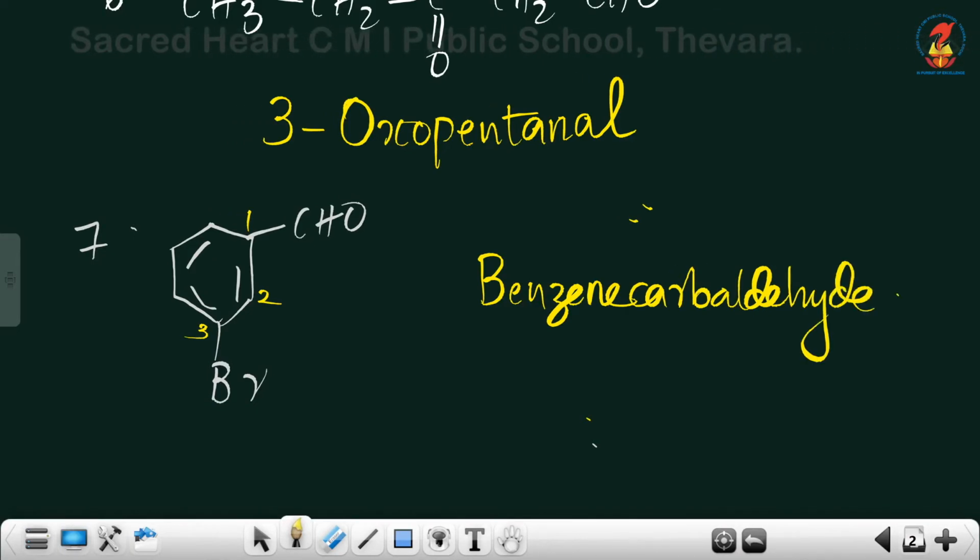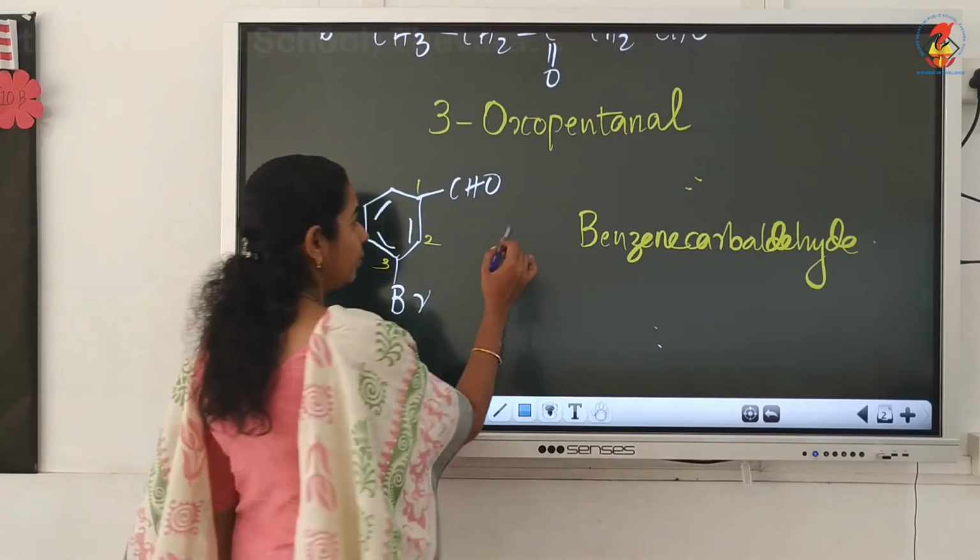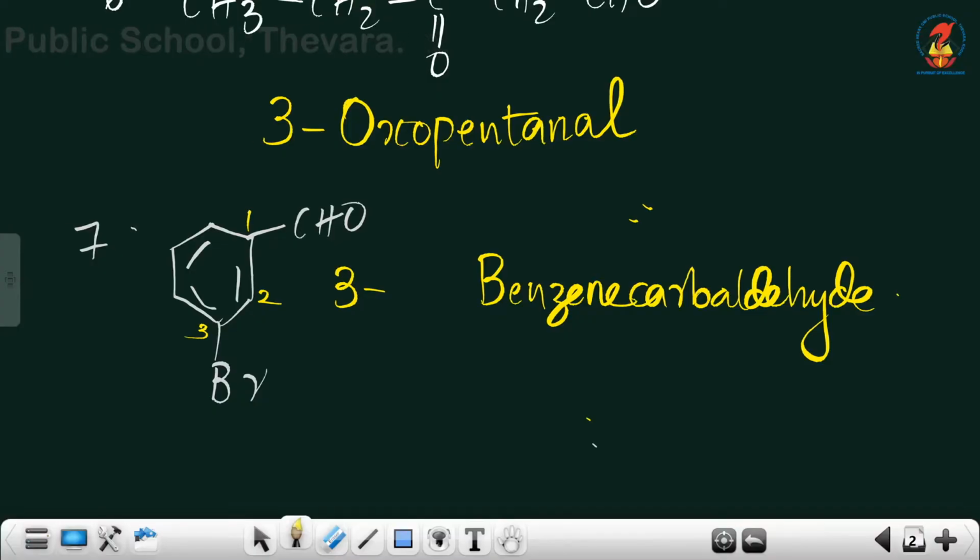Now we have one prefix also, bromine. Halogens will always be mentioned as prefixes. So it is 3, and the bromine is on third carbon. So it is 3-bromo. So this B will go as small letter. So what is the name of this compound? It is 3-bromobenzenecarbaldehyde.